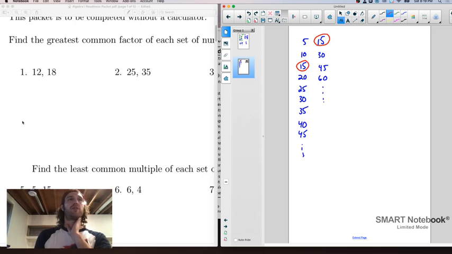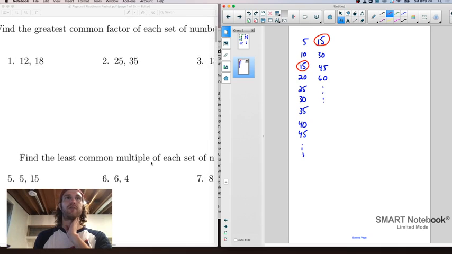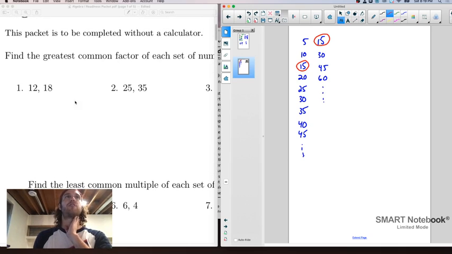The least common multiple is used for finding a common denominator when you are adding or subtracting two fractions. So when we get to that, that's where we're going to use this. The GCF is used for reducing fractions quickly to their simplest form. So that's the reason we're going over these two.